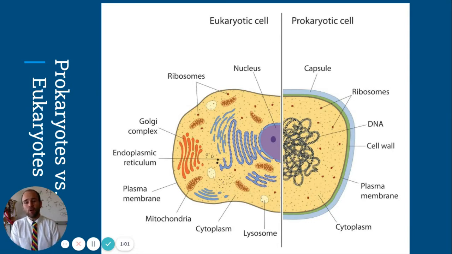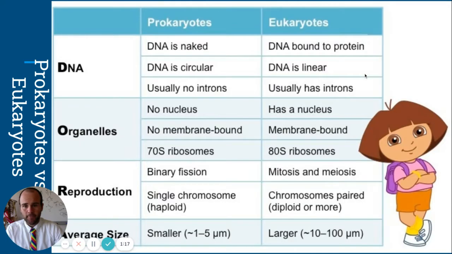We can see that the prokaryotic cells definitely look a lot simpler, whereas the eukaryotic cells have much more compartmentalization and some organelles. And eukaryotic means a true kernel, or that center nucleus.